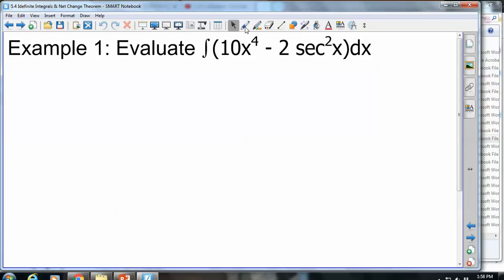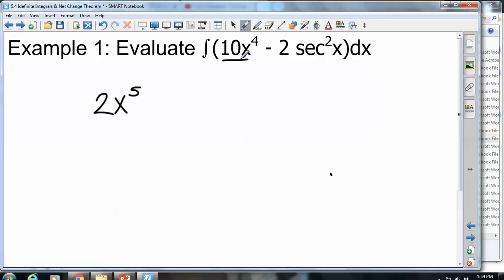So let's just keep practicing our antiderivatives here. I want the integral of 10x to the fourth plus 2 secant squared x dx. So we can go term by term. 10x to the fourth: you have your x to the fifth, which would throw a 1/5 out in front. 10 times 1/5 is 2, so 2x to the fifth.